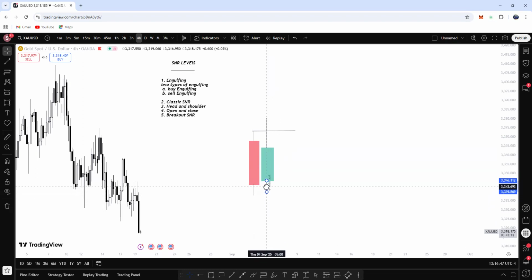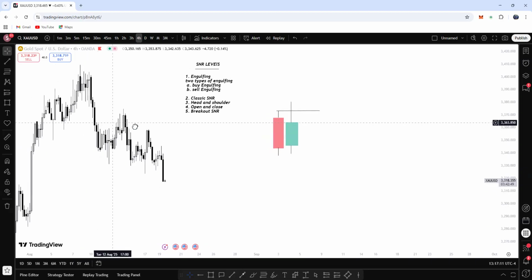You can have something like this. So far, it wicks above it, you are okay. So this is an example of engulfing.